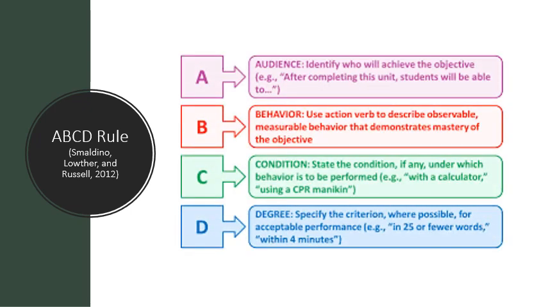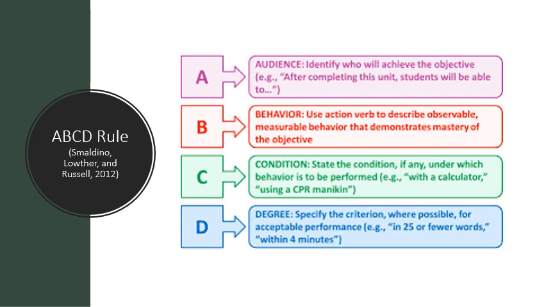A for audience, who. This identifies who will achieve the objective. Example, after completing this unit, students will be able to... Okay, that's the audience. Now for B, behavior.